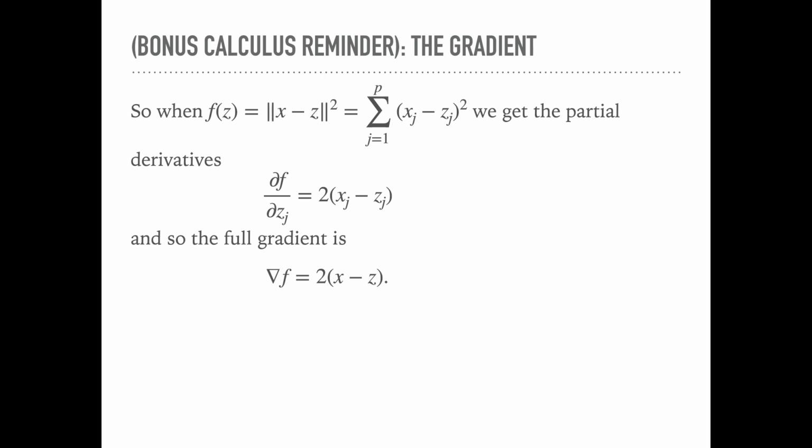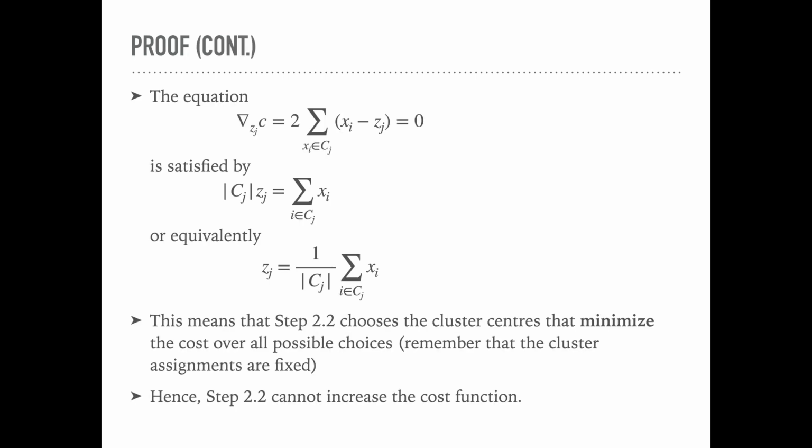So we just get the derivative of xj minus zj squared, which is twice xj minus zj. And that's each component of the vector, and so we can put that all together to get the full vector as twice x minus z. And because of that, we got that the gradient with respect to zj of c was twice the sum, because we had one of these for each of the observations in the cluster, of xi minus zj.